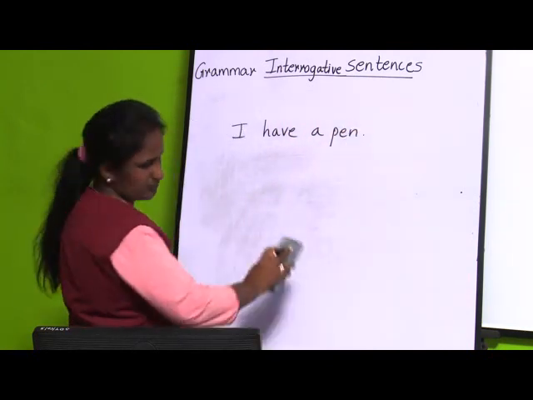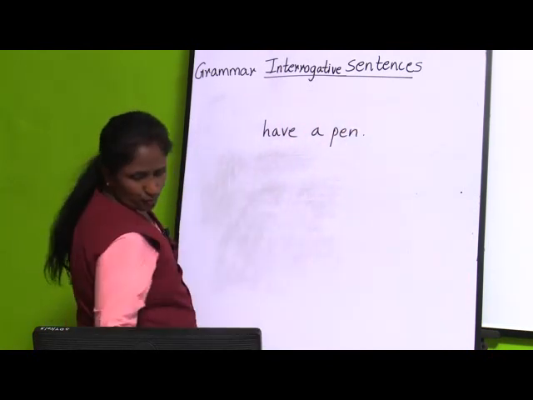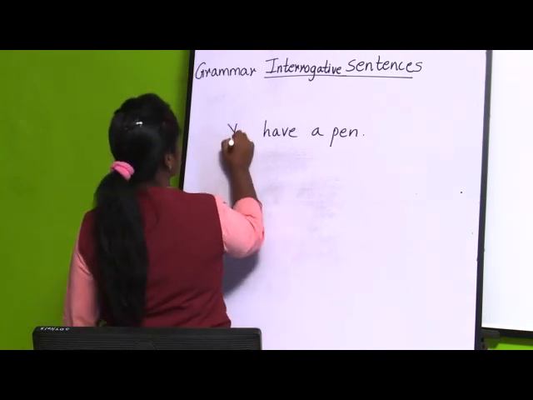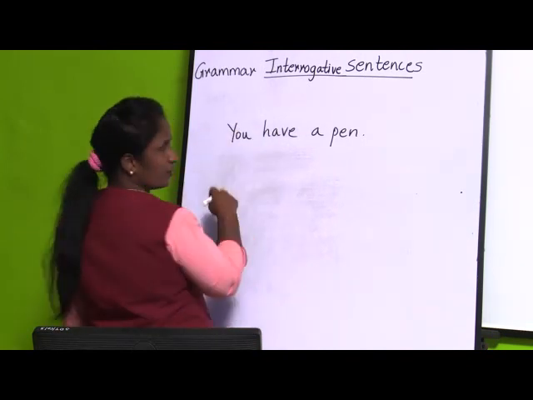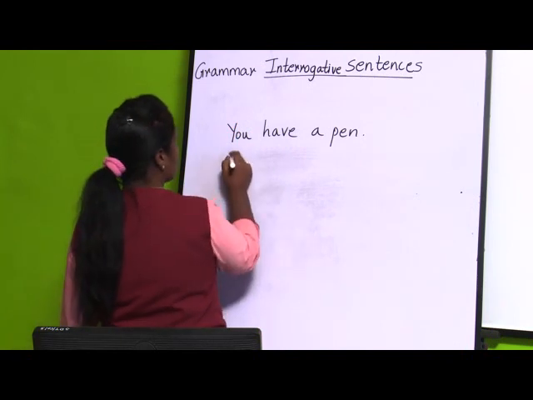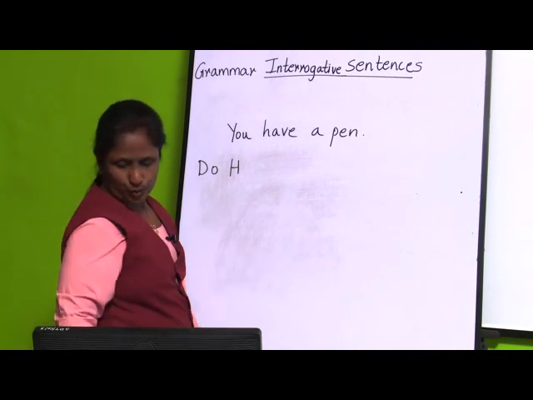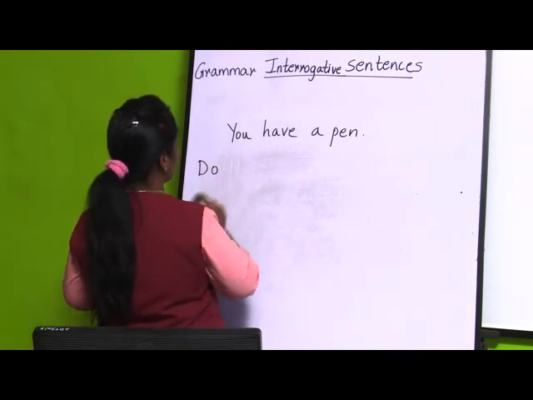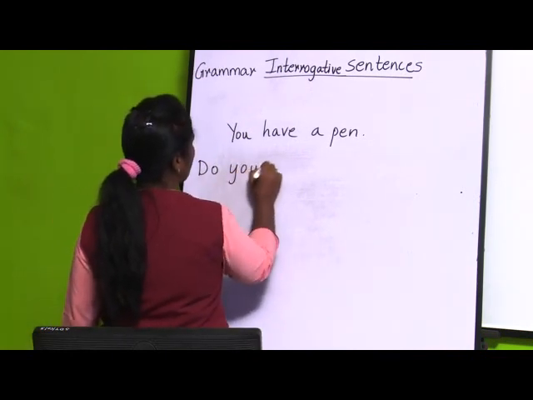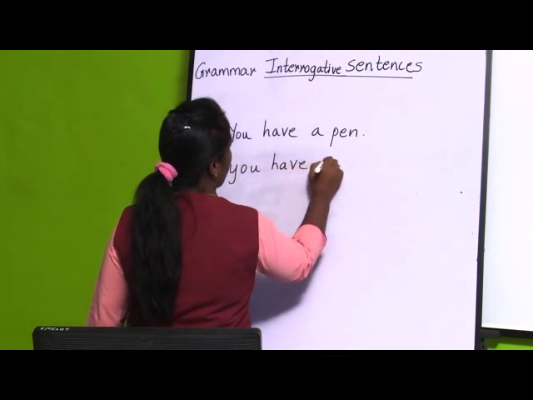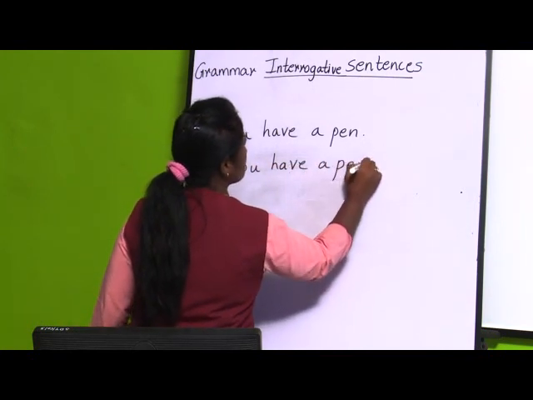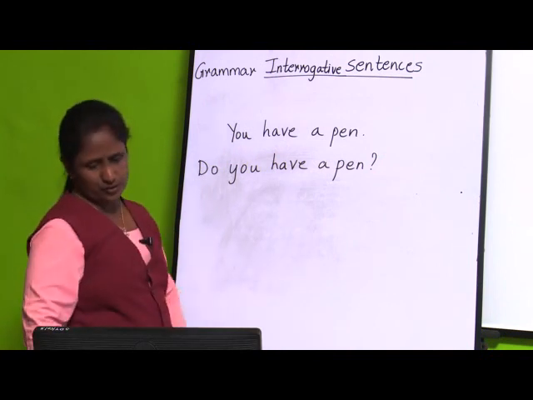"You have a pen." Now if you want to make it interrogative, how are you going to do it? "Do you have a pen?" You are going to use the word do, and you are going to put a question mark.